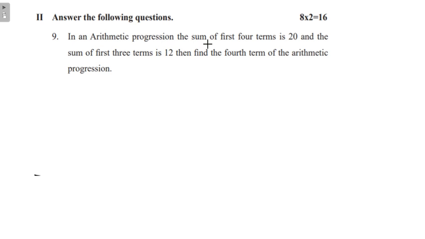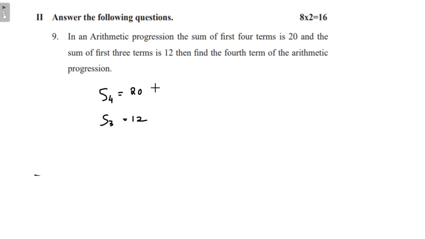In an arithmetic progression, the sum of 4 terms is 20. So that means S4 is equal to 20. And the sum of first 3 terms, that is S3, is equal to 12. So now you have to find out the fourth term of the arithmetic progression.